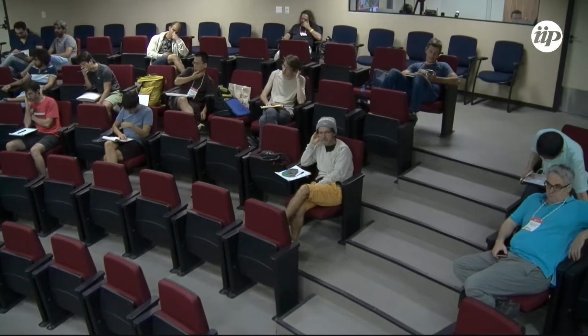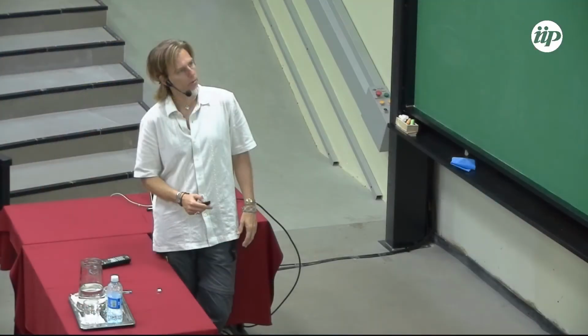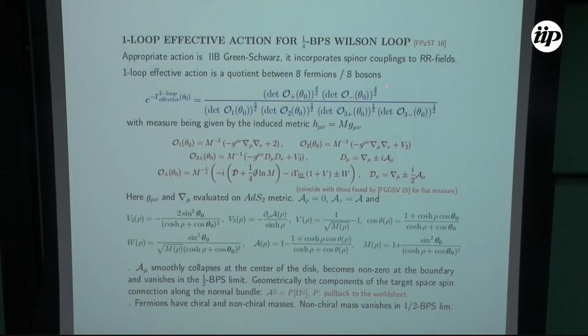So, not very illuminating, but when you do the fluctuations, you end up with an effective one-loop action, which will involve fermionic operators. These are coming from the fermionic fluctuations, and these are the bosonic ones. Here you may see the expressions.